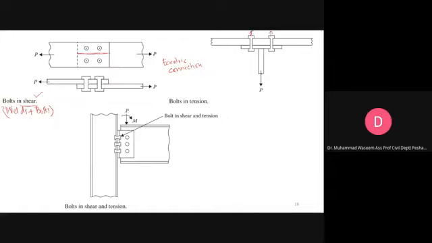Similarly, the fasteners can be subjected to bending forces. For this type of scenario, the design procedure is different. And obviously when you have a combination of shear and tension acting on your connection, then we have a different design procedure. In this class we will be focusing on this scenario.